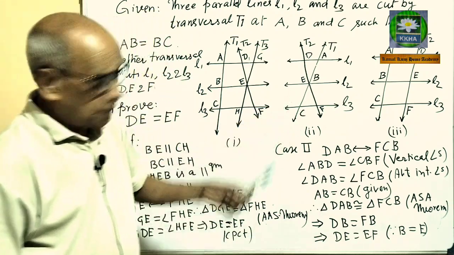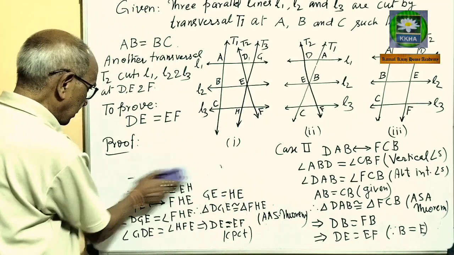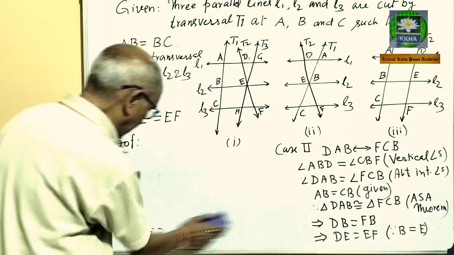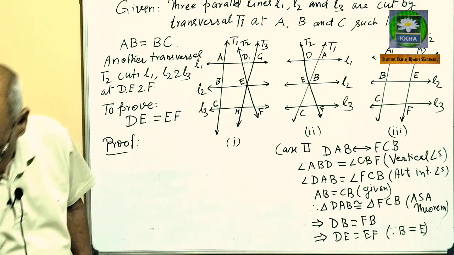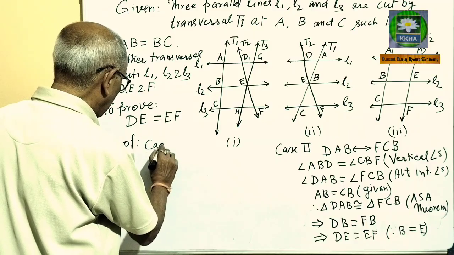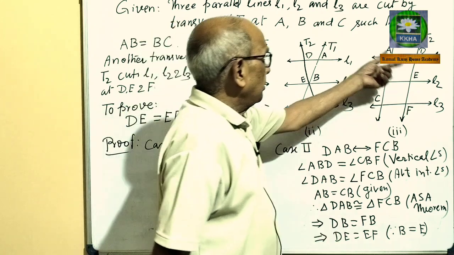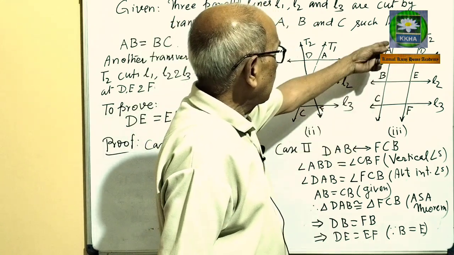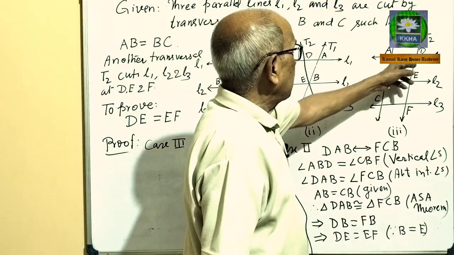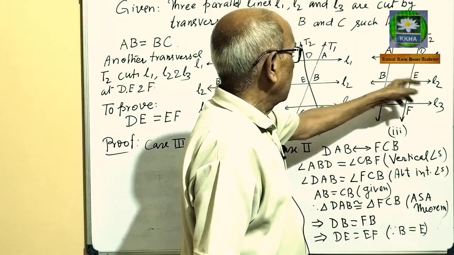Case 3, third case. Transversal T2 is parallel to transversal T1. Therefore, BEDA will be a parallelogram because AD is parallel to BE and AB is parallel to DE.